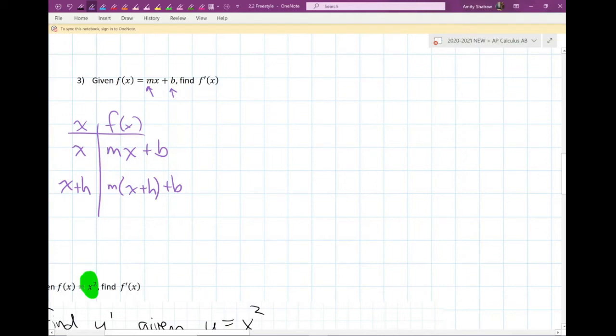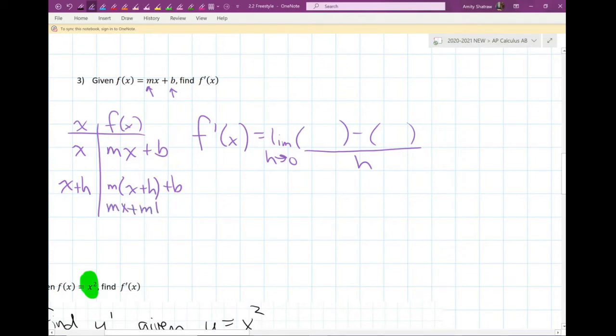So when I'm trying to find the derivative of f of x, what I will end up getting is the limit as h approaches 0 of something minus something all over h. And the somethings are mx plus mh, because I'm distributing here, plus b. So mx plus mh plus b.